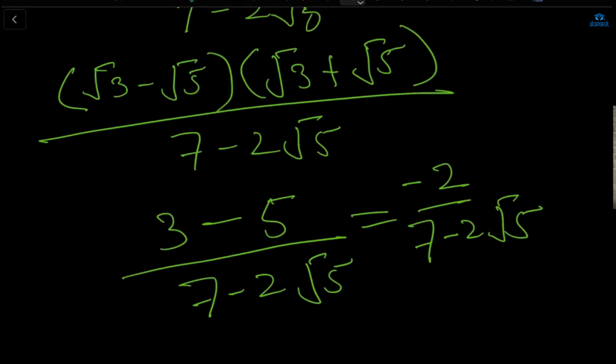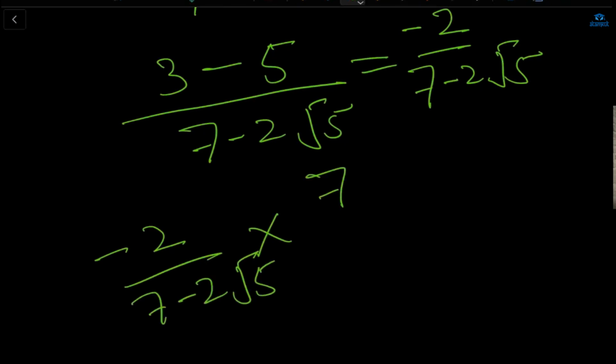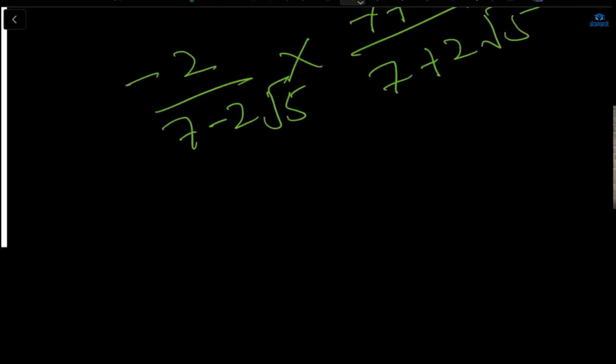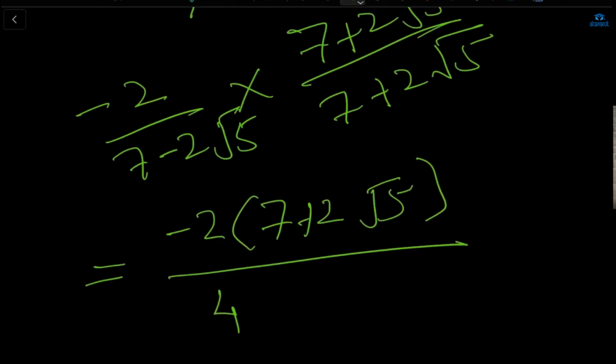Now we will rationalize it. Because we are still having the value of root 5 in the denominator, that means this number is an irrational number. So minus 2 by 7 minus 2 root 5, multiplying by 7 plus 2 root 5 over 7 plus 2 root 5. It is going to give you minus 2 times 7 plus 2 root 5 in the denominator, which is 49 minus 20.